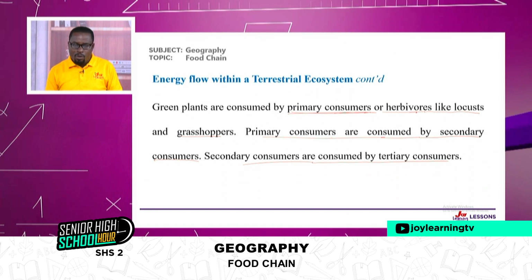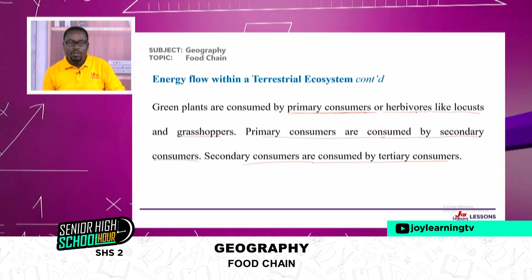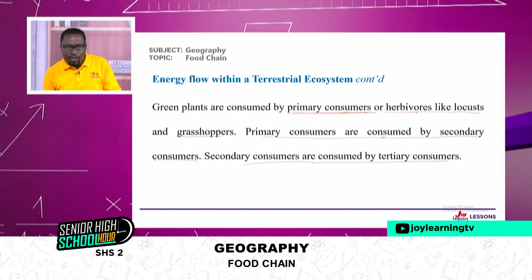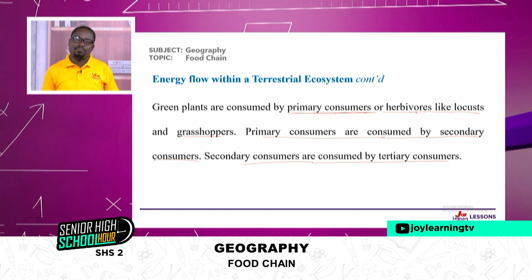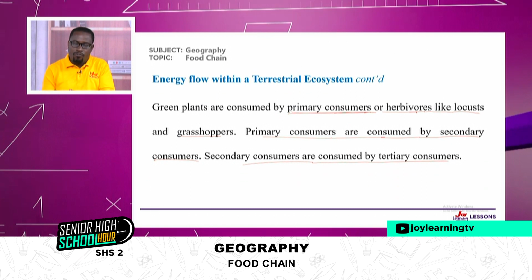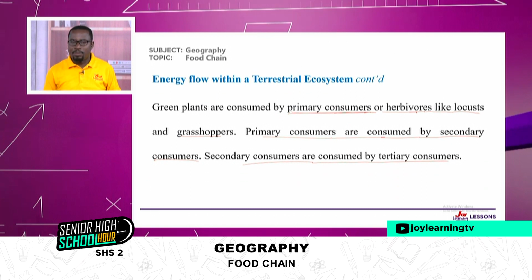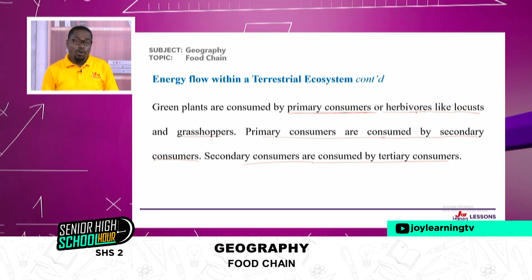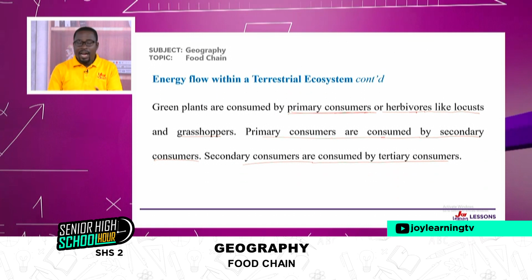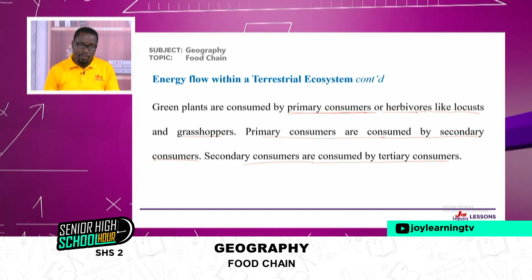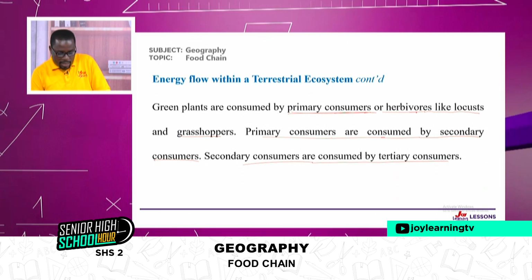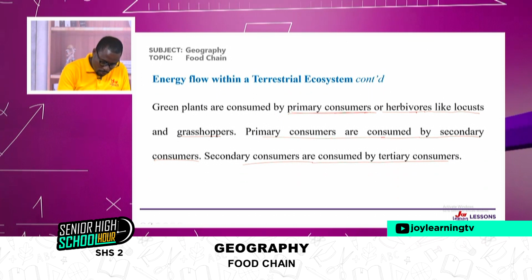Then we also have the omnivores that feed on both the carnivores and the herbivores, and also the plants as well. So it can digest the tissues of both plants and animals. But of course, some of these animals can be carnivores and at the same time omnivores, as I gave the rat as an example. Good.